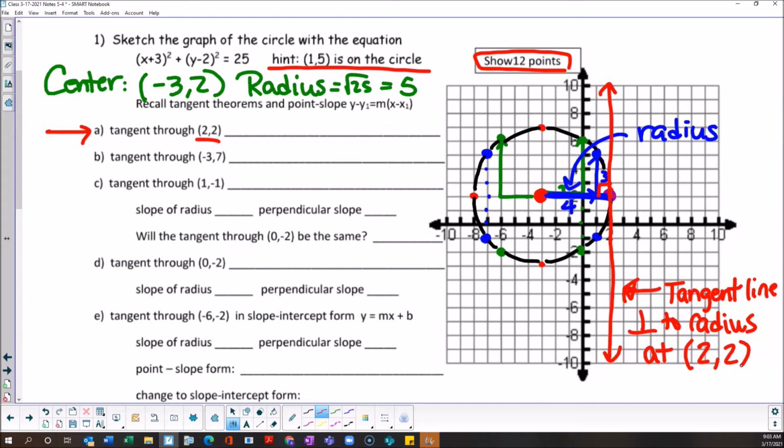We always have a little bit of trouble with whether this is an x equals line or a y equals line. Remember? It is x equals, right? So it's going to be x equals 2. If it's a vertical line, I'm holding x constant. X never changes. It's always 2.